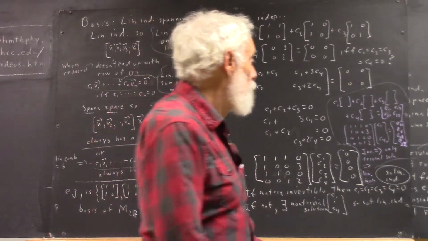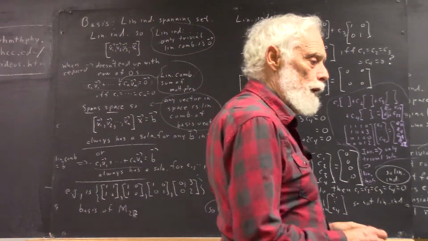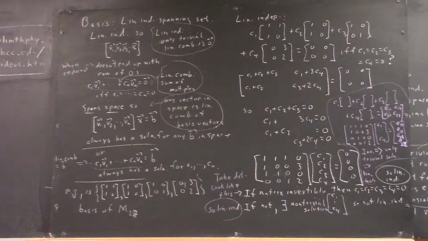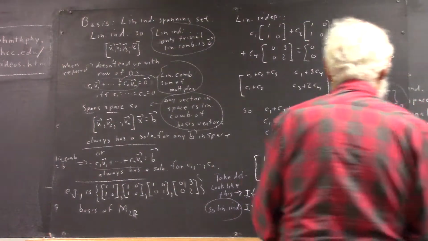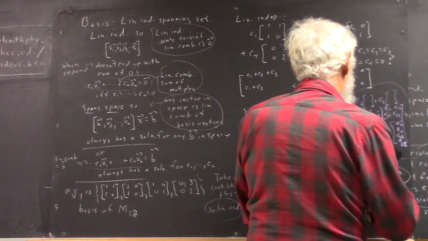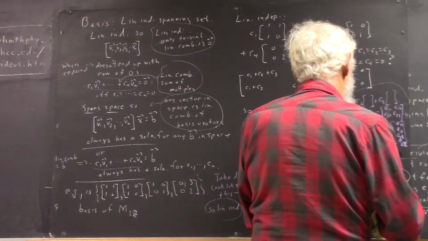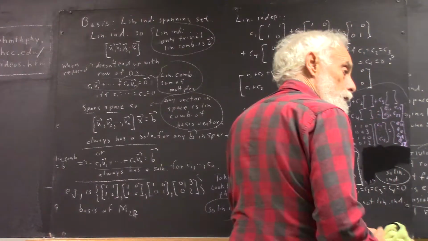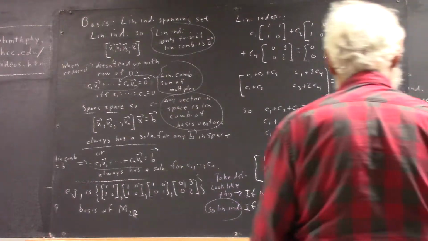So that we conclude that you can get any vector in the space, meaning, of course, that the space is spanned by the set of vectors, if and only if, again, the matrix is invertible.